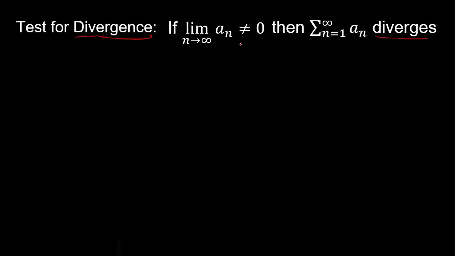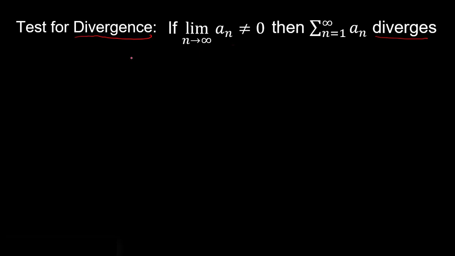And the basis of this is essentially what we just discussed. Say this limit doesn't equal 0, say it equals 1, like in our previous example. We're going to keep adding 1s, more and more 1s, and that means this series is going to keep getting bigger and bigger without bound, and therefore it's going to diverge. And that's the basis of this test.